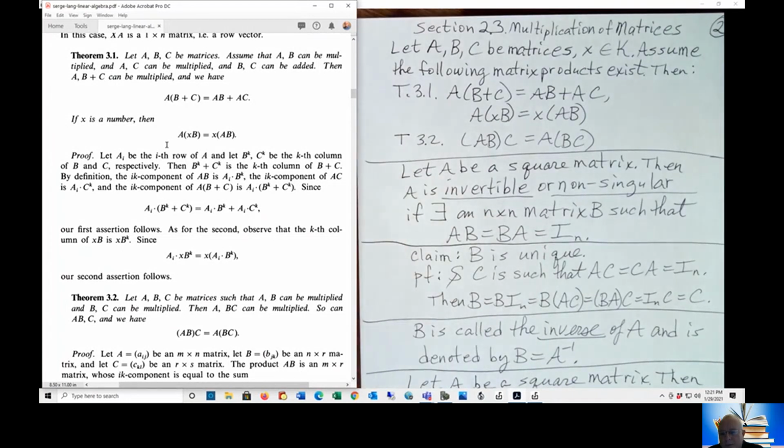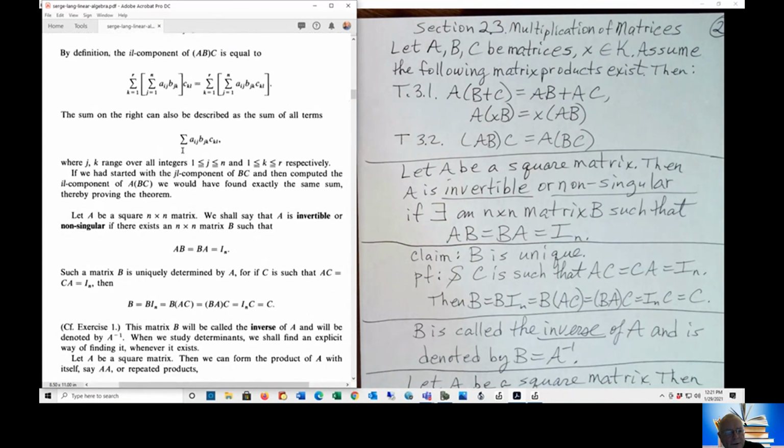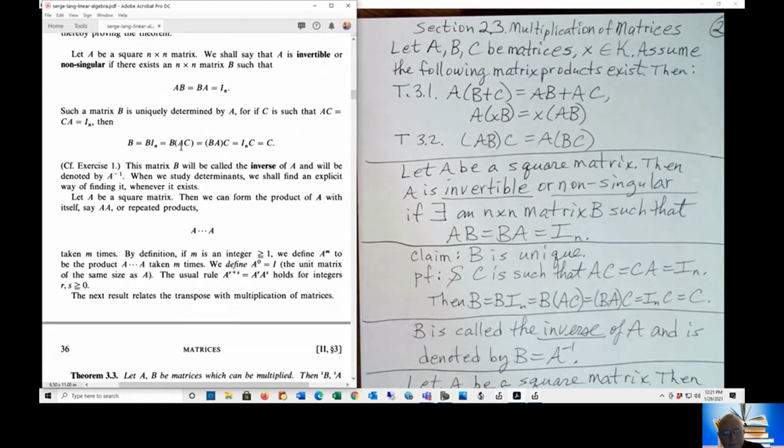Assume the following matrix products exist. Theorem 3.1 says that matrix multiplication is distributive across addition: A times (B plus C) is AB plus AC. And scalars go in and out wherever you want them. And theorem 3.2 says that matrix multiplication is associative. And I really don't care to go through the proof of those results.